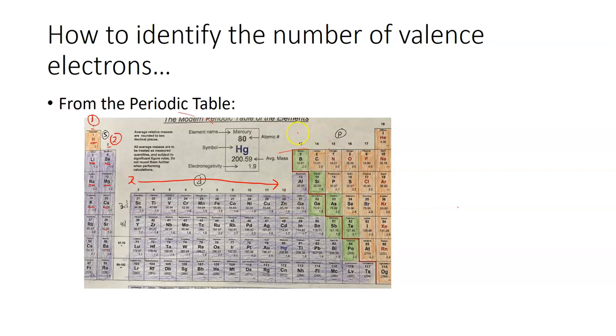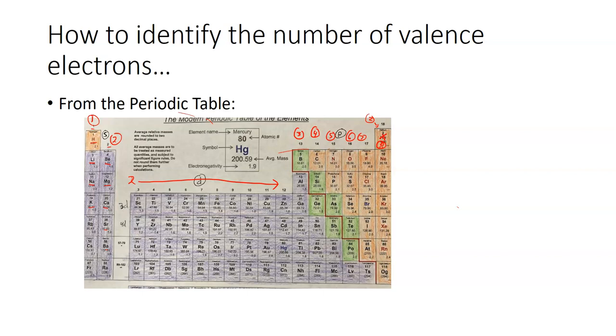So starting at group 13, all of these have 3. Everything in group 14 has 4, 5, 6, 7, and then I'm going to put the 8 there above the neon, because helium, again, is sort of an oddball, also just has 2 valence electrons, just like it's only the S sublevel, not the P. It's sort of an oddball.